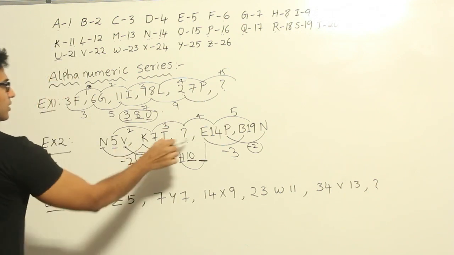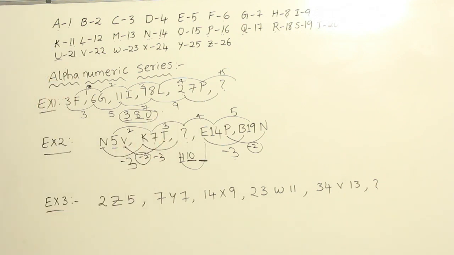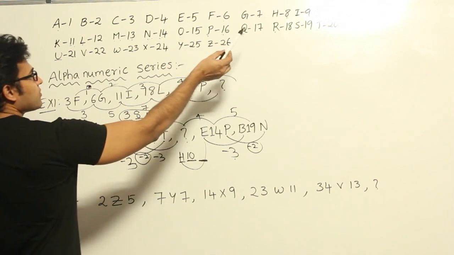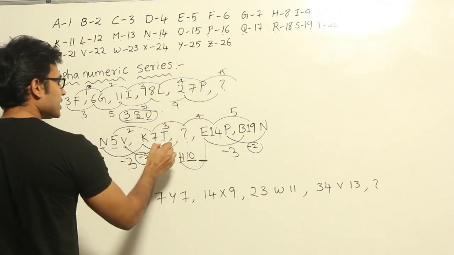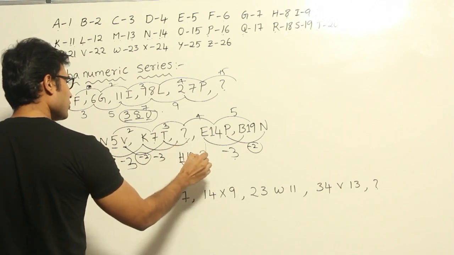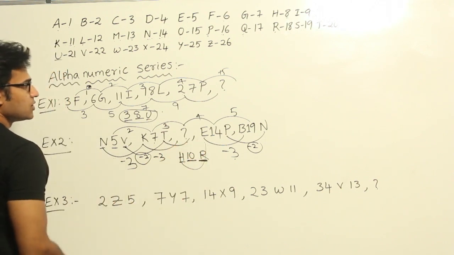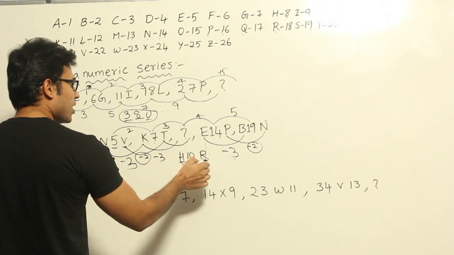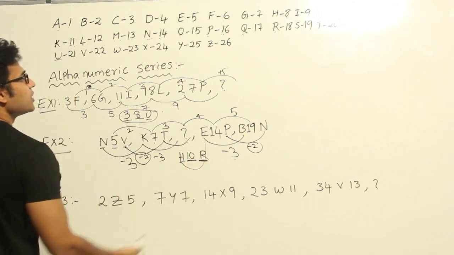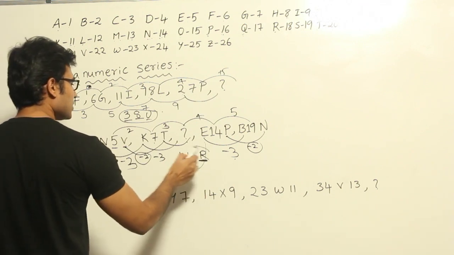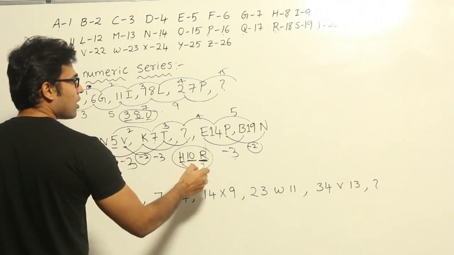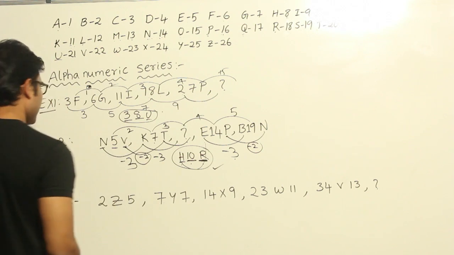Therefore a difference of minus 2 is followed. From T, where is minus 2? T is 20, minus 2 means R, which means 18. So the letter here is supposed to be R. If you have any doubt, you just cross verify it. From R, if I do minus 2, I am supposed to get P. R is 18. If I do minus 2, I am going to get 16. Yes, it is right. Therefore H10R is right. Okay, fine.